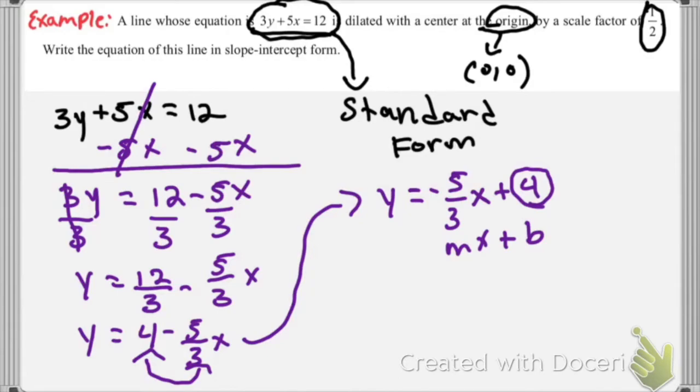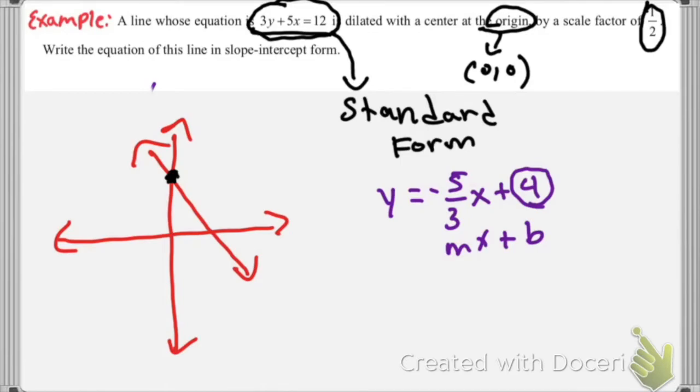So here's my sketch. I know that this is my y-intercept, y is 4 and x is 0 there, so that is the point 0, 4. And I have some negative slope. Can't really know what it is. I know the slope is negative 5/3, but let's generalize this here.